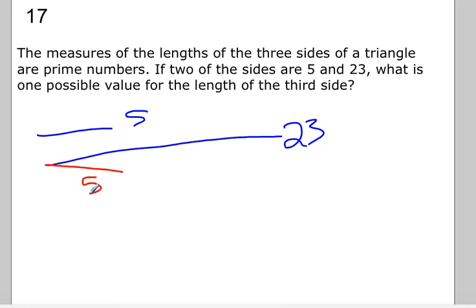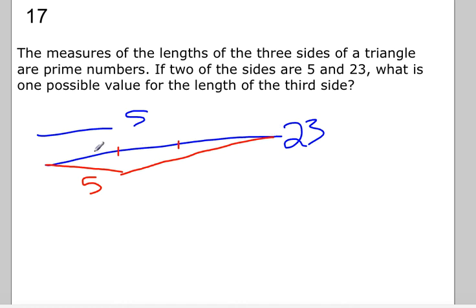So in order to make a triangle, this side can't be 5, right? If you have 5 right there and then 23 here, if this was 5, it wouldn't make it to the end of this, even if it was right on top of itself. Say 5 ends there, another 5 is only going to end right there. It's not even going to make it to 23.